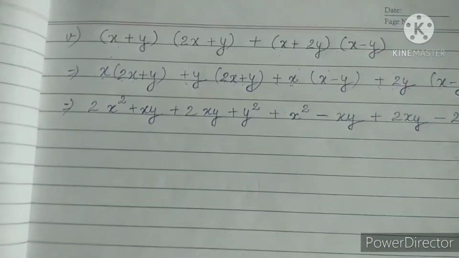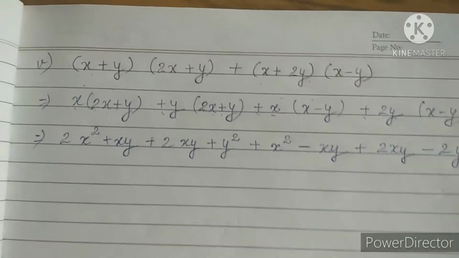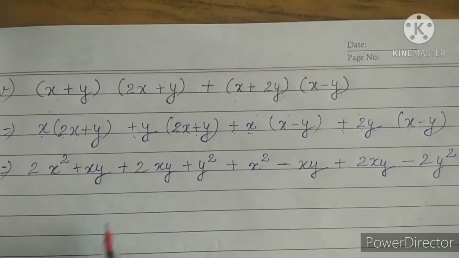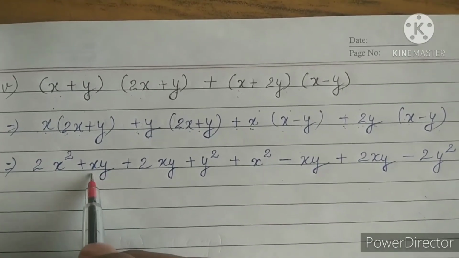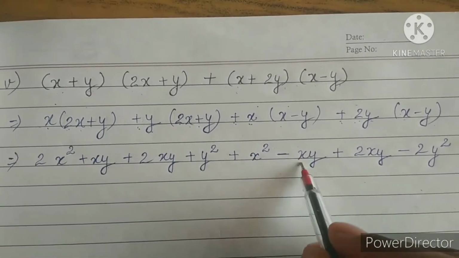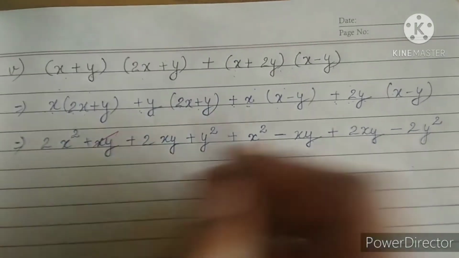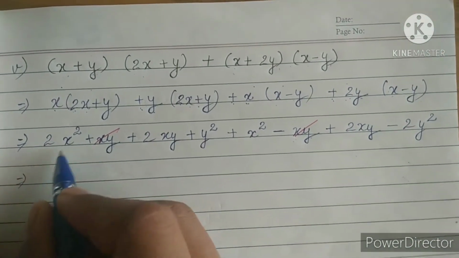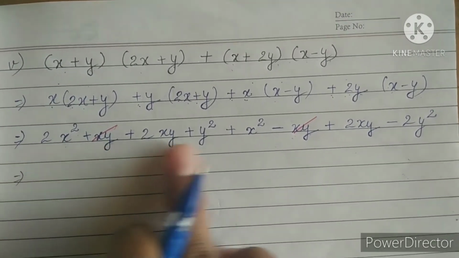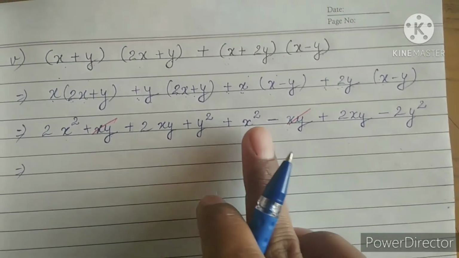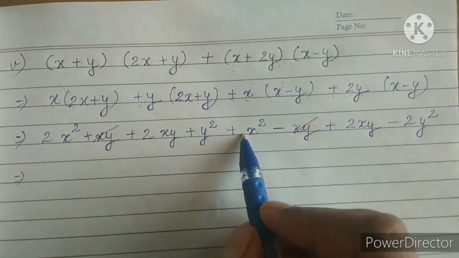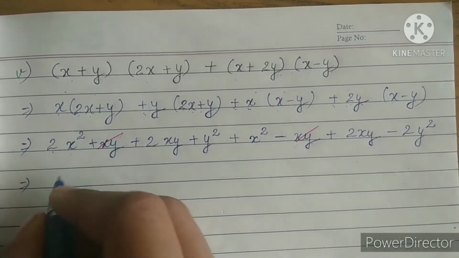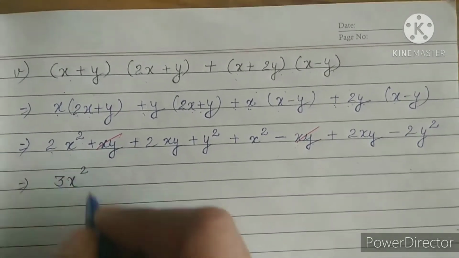You can see here we have some terms having the same variable but different symbol. Here we have positive xy and here we have minus xy, so they will cancel each other. Now, is there any x square term here? Yes. Here we have 1 time x square, here we have 2 times x square, so we will get 3 times x square.